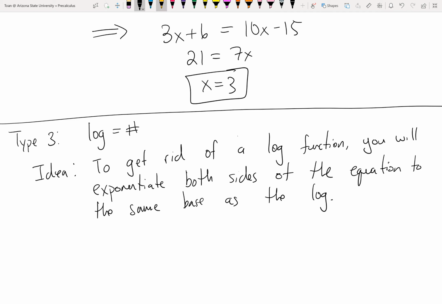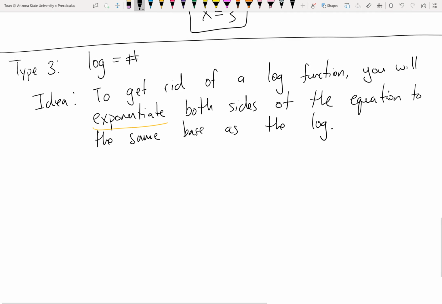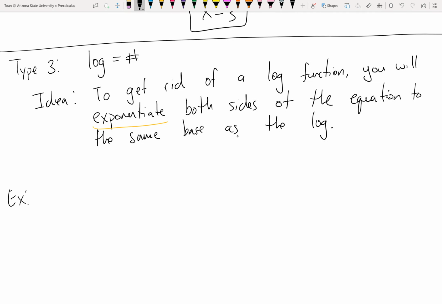So this word here, exponentiate, means to transform into an exponent. So you're basically going to take the equation, which should consist of regular terms on ground level, and push them up into the exponents on top of a base that matches the log. I think this will make a lot more sense when you see an example. So let's take a look at an example here.